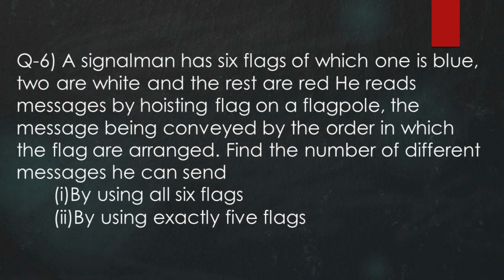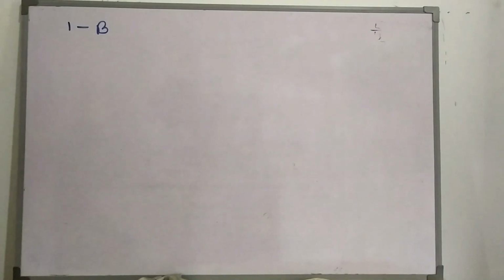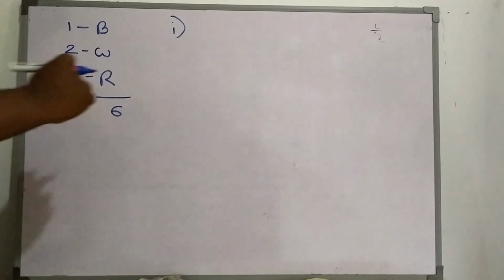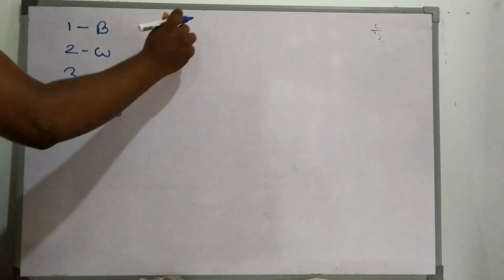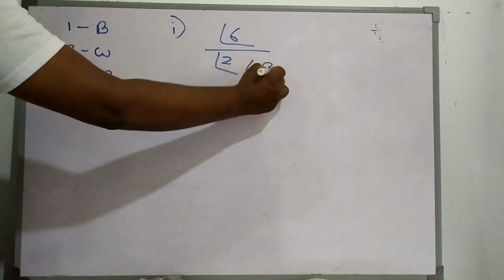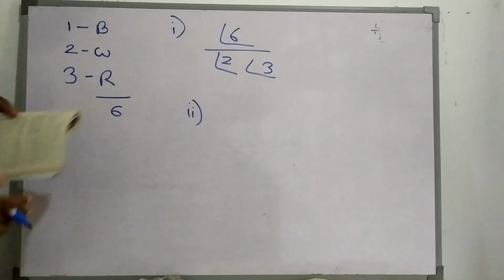So first of all we have to summarize it: 1 blue, 2 white, 3 red. The total number is 6. So for the first part, they are using all 6 flags, right? So it is factorial 6 divided by factorial 1, factorial 2, factorial 3. Under the second theorem, this is easy.